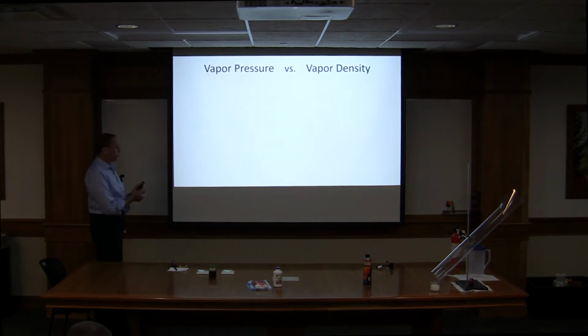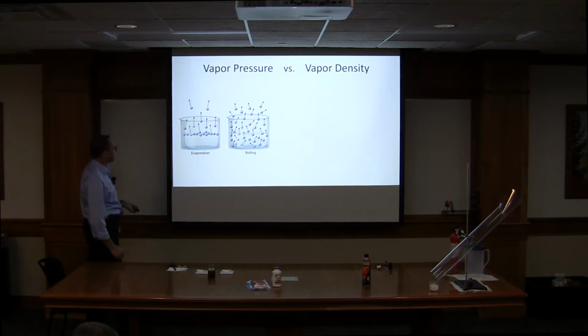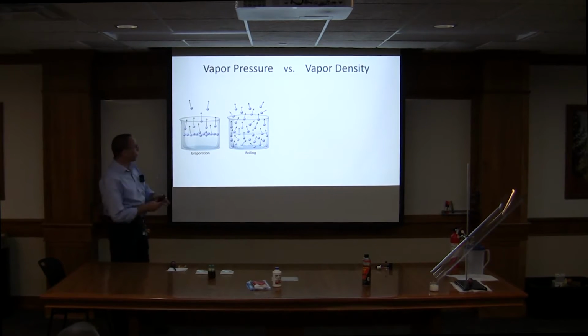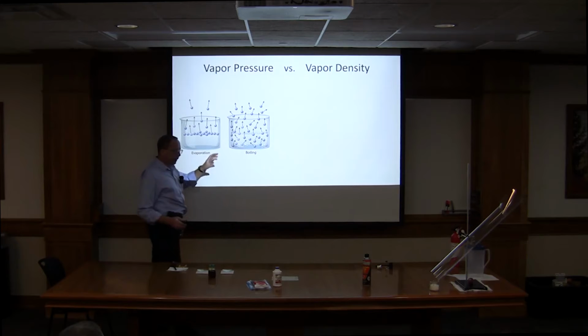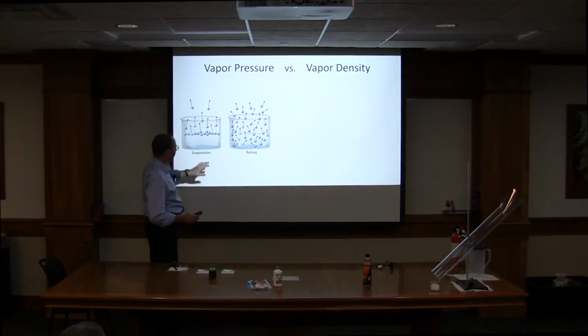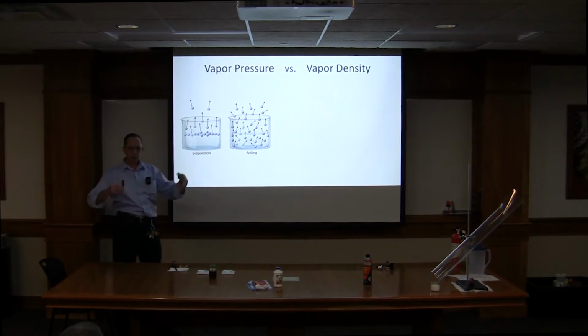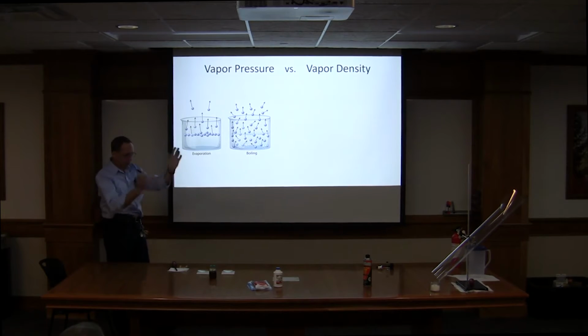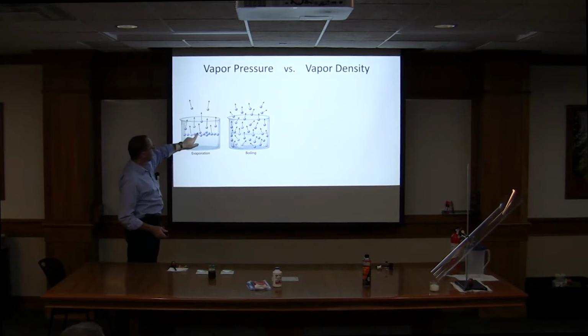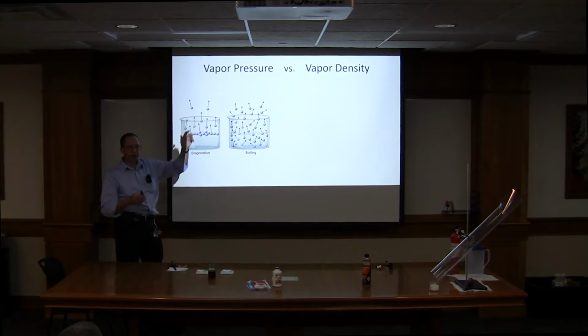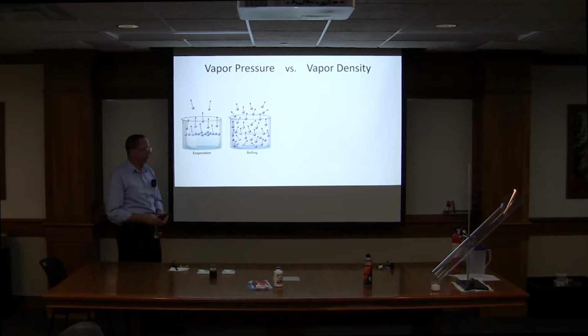So let's talk a little bit about vapor pressure and vapor density for a minute. So this is basically evaporation. When you have a liquid, if it has a fairly high vapor pressure, the molecules of whatever it is, acetone, gasoline, benzene, whatever, some of those molecules will have enough energy that they just escape off into the air. Water will do it. Water evaporates.